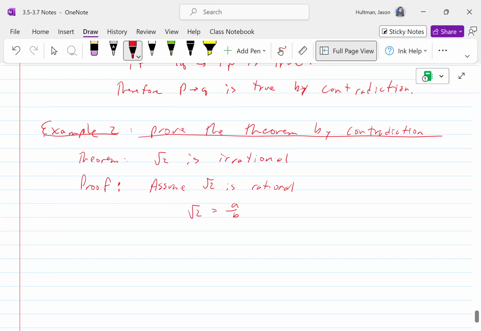If we square both sides, then we get 2 is equal to a squared over b squared. And if we multiply both sides by b squared, we get a squared is equal to 2b squared.